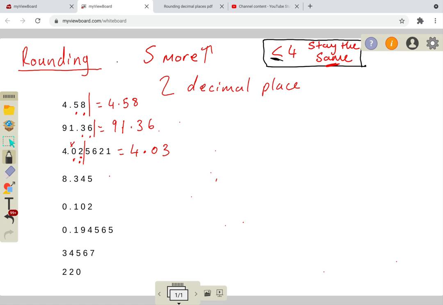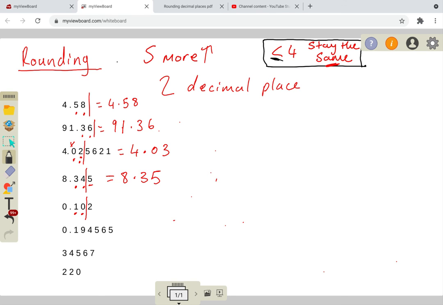Okay, next one, 2 numbers after the decimal, 1, 2, draw a line. Is the number next to the line 5 or more? Yes, it is. So the 4 turns to 5, 8.35. Next one, 2 decimal places, 2 numbers after a decimal, 1, 2, draw a line. Is the number next to the line 5 or more? No, it's not.